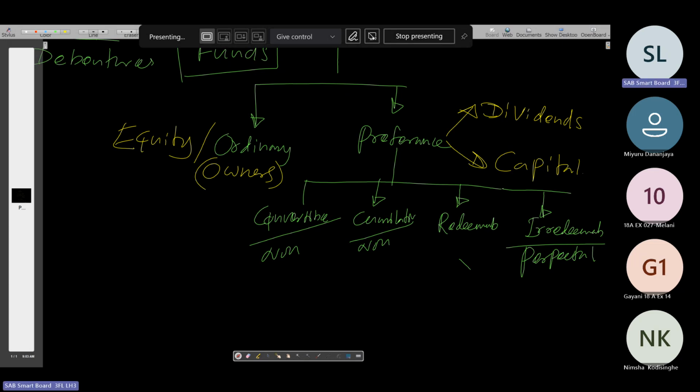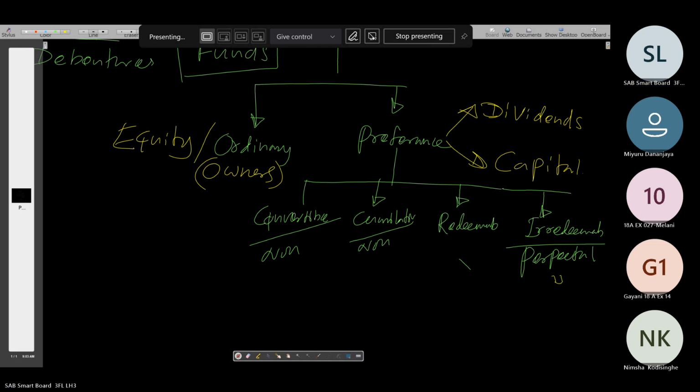And being paid off the capital in the event of liquidation. In liquidation, the company has to adopt a particular process. First, the company has to collect all the assets, realize them, sell them, and out of the proceeds, first settle the creditors, winding up expenses, and thereafter preference shareholders.